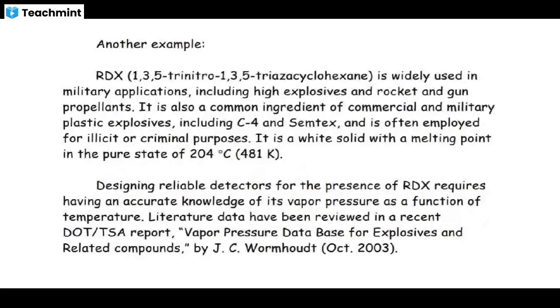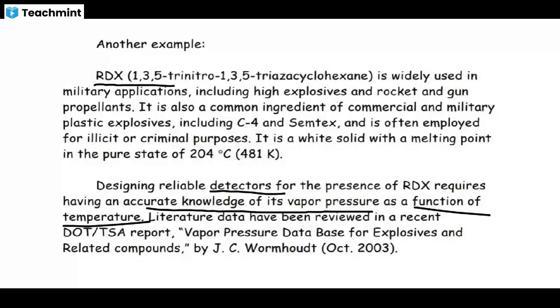So another example, RDX. If you take RDX, it is an explosive. You know that it's an explosive. So if you want a detector for RDX, you need accurate knowledge of its vapor pressure as a function of temperature. Actually the detector works by detecting the vapor pressure at room temperature.